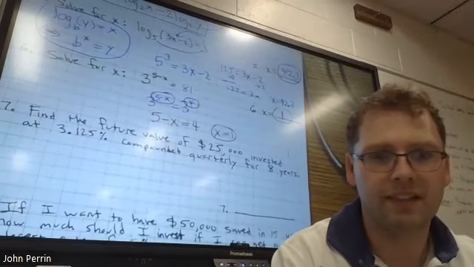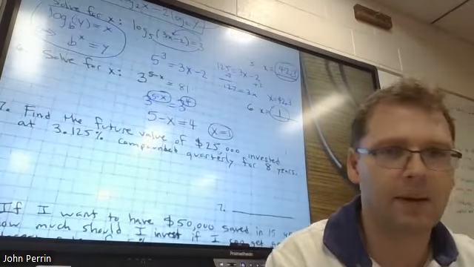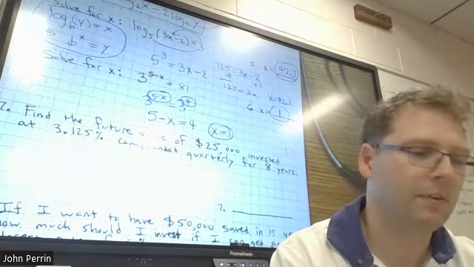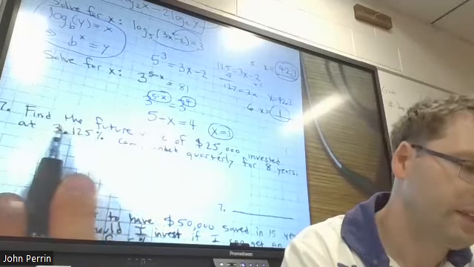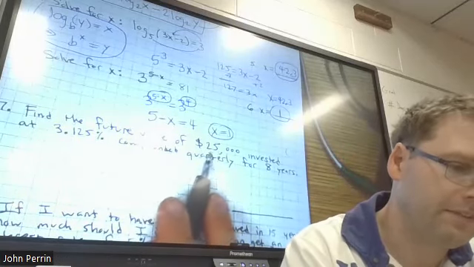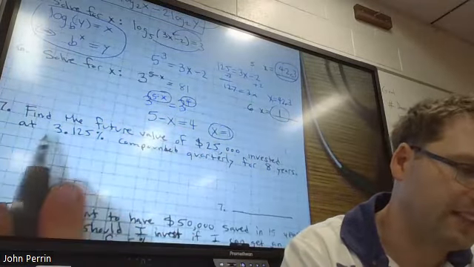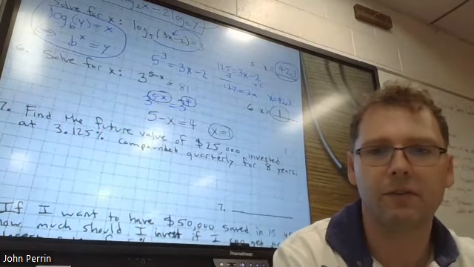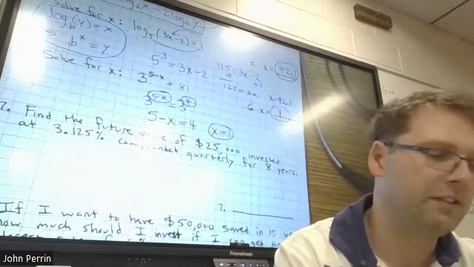And then switch gears for the last couple minutes here. Let's try a couple exponential, I guess I should say interest formulas. Find the future value of $25,000 invested at 3.125% compounded quarterly for 8 years. So you will have your formula sheet you're allowed to use on your final.